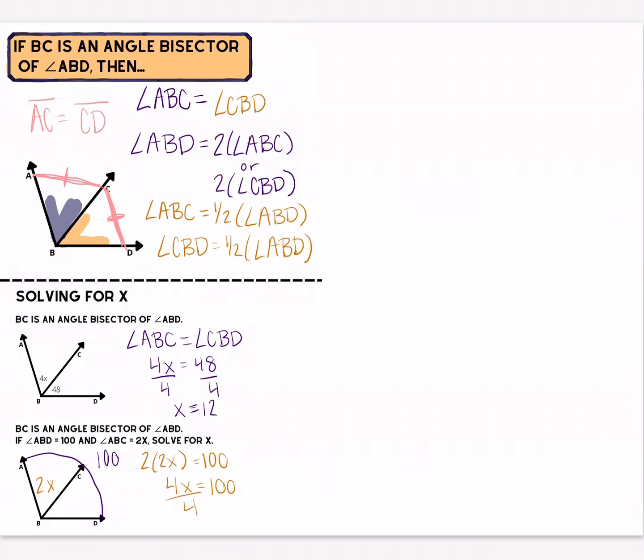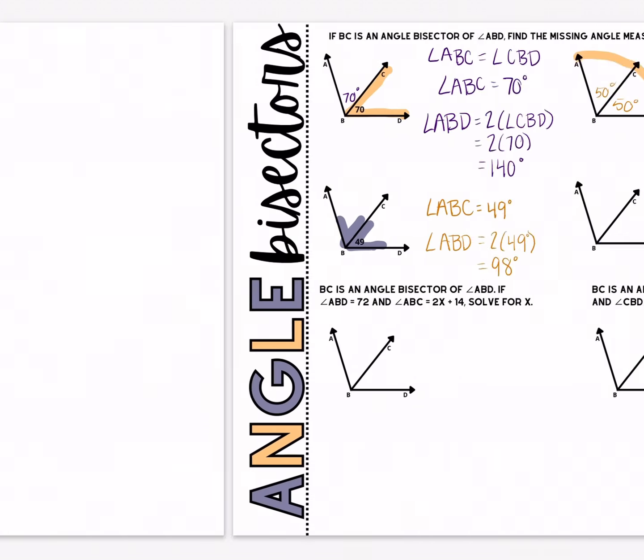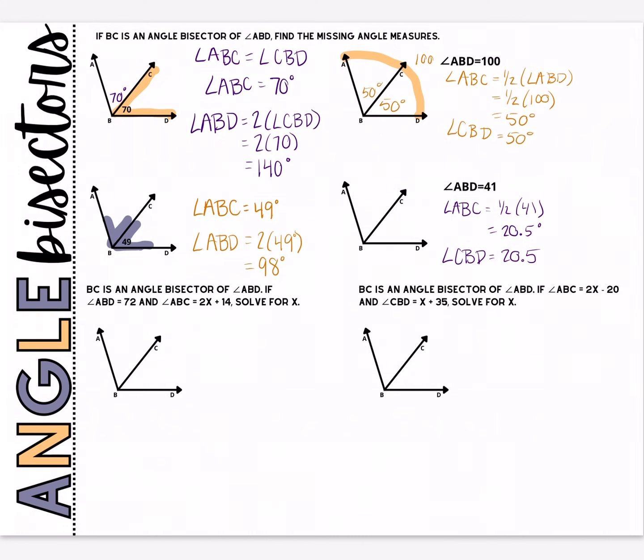We divide by 4, and x equals 25. Now let's do a few more to get that idea in our head. It's going to take some practice. Don't freak out if you're panicking right now. I'll answer any questions and help you out in the next station.